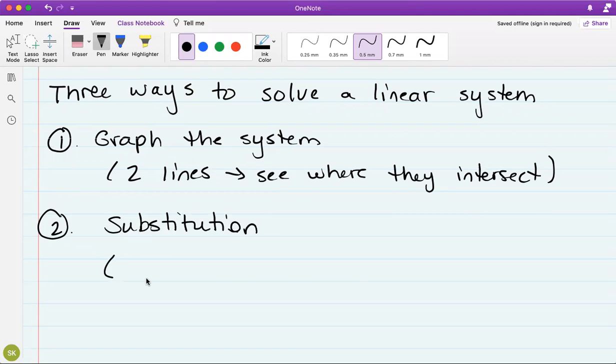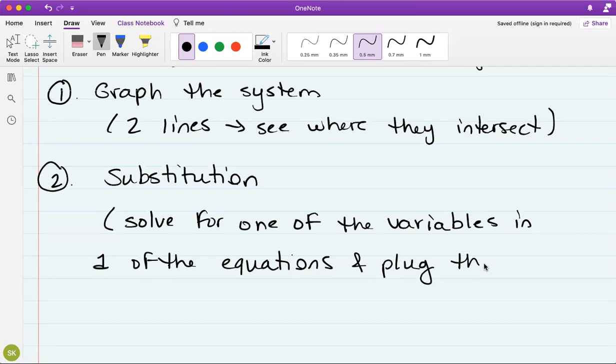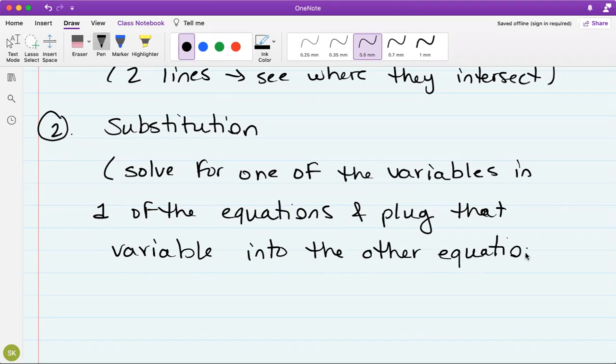And what you're going to do here is solve for one of the variables in one of the equations and plug that variable into the other equation. And we're going to see examples of this.